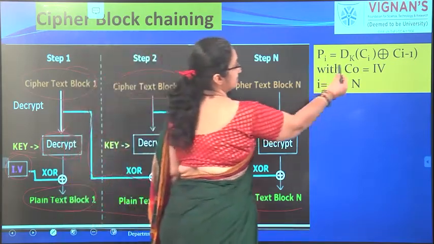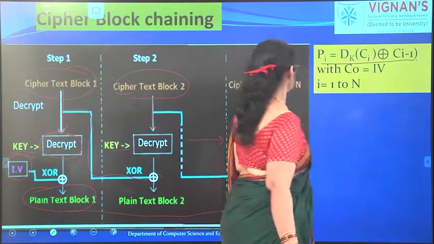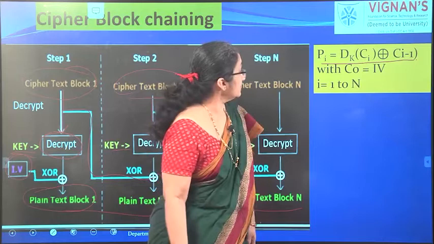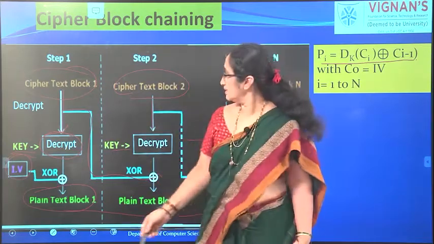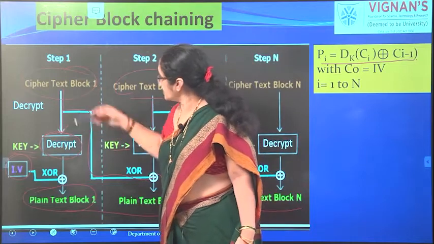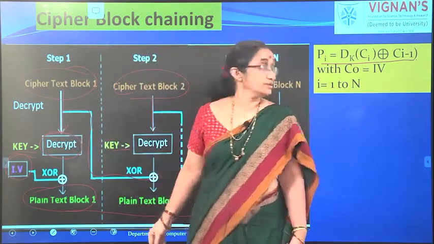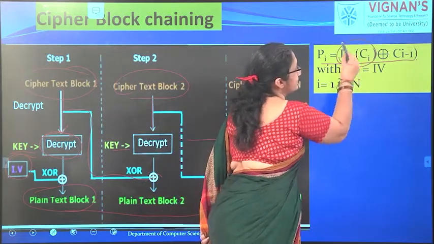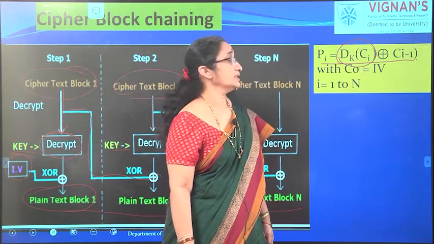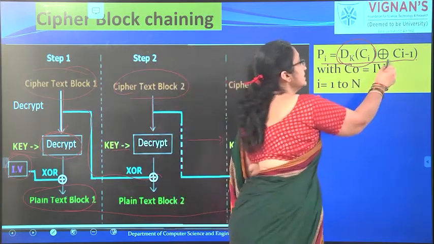So, let us see the notation here, how it works. In the first step you have taken the ciphertext block and applied the decryption algorithm using the key, and then you have XORed with the IV.